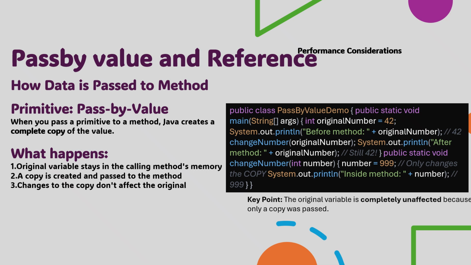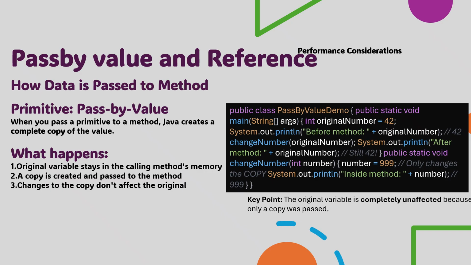So when I declare a value of type integer, let's say 22, and then I create a method which could manipulate or change any value that is passed to it.